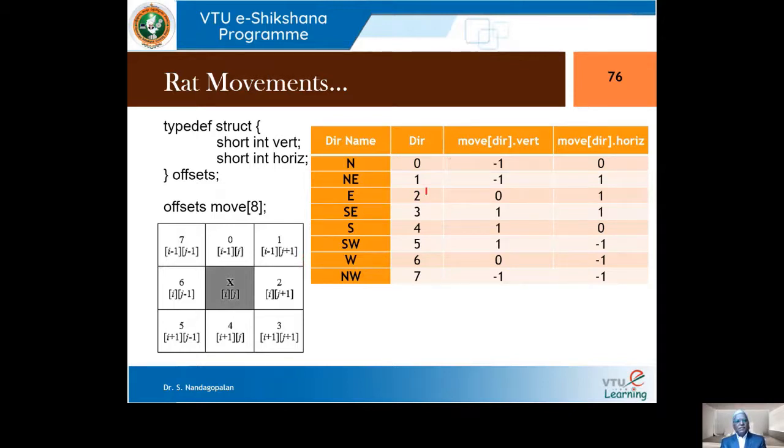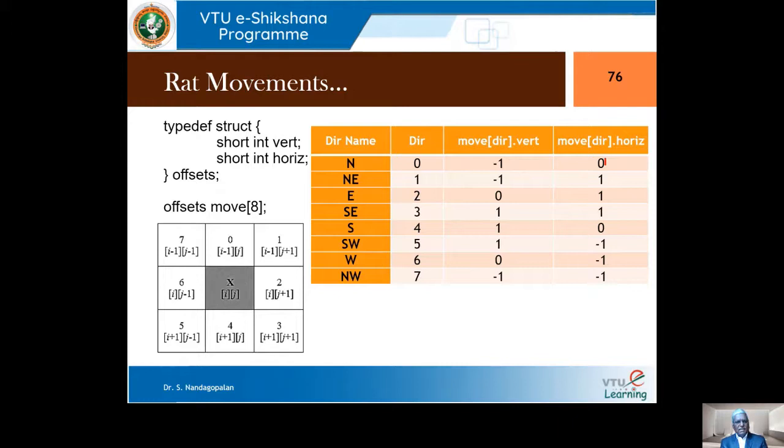Based upon these directions, we will declare a structure with two members called vertical and horizontal. Here you can see vertical is -1 and horizontal is 0, no movement.